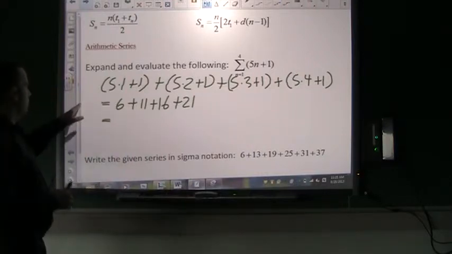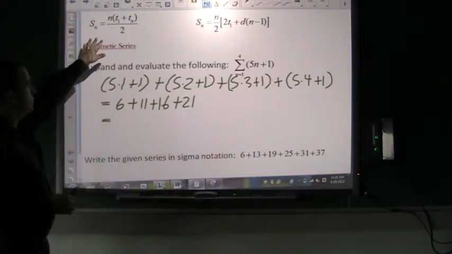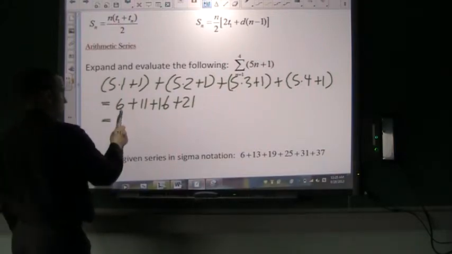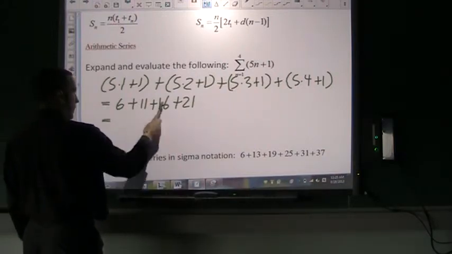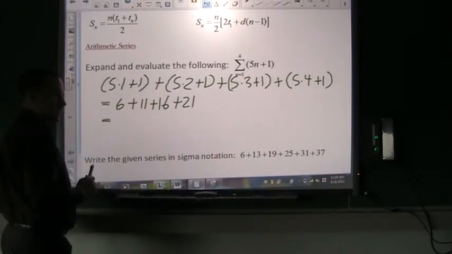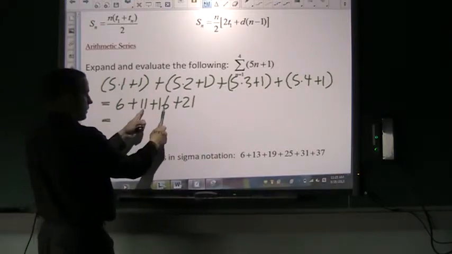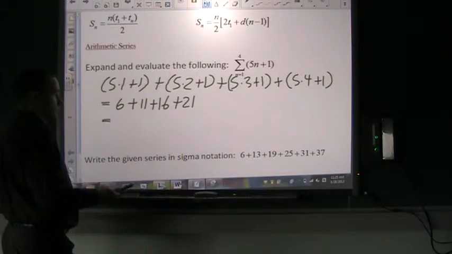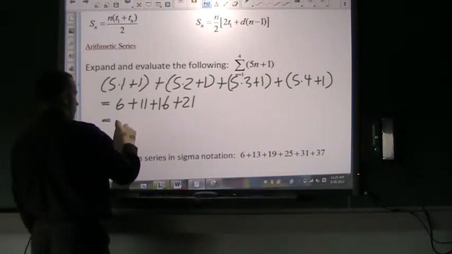Now, this formula, you could actually arrive at it without too much trouble. I mean, the derivation for it. If you look here, if I add my first two terms, 6 and 21, that gives me 27. If I then take the next two terms in, 11 and 16, that's 27 as well. So I've got two 27s to add together, which gives me 54.